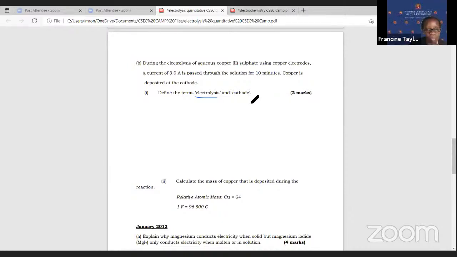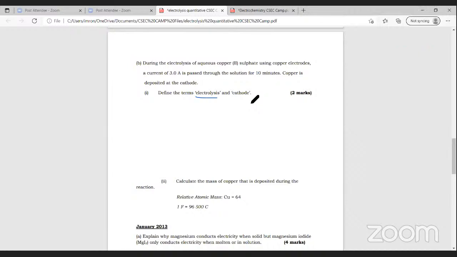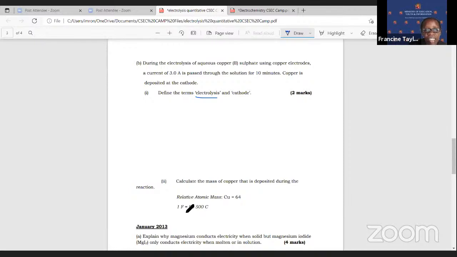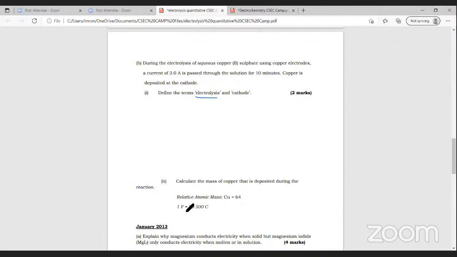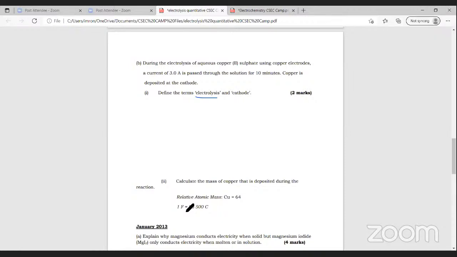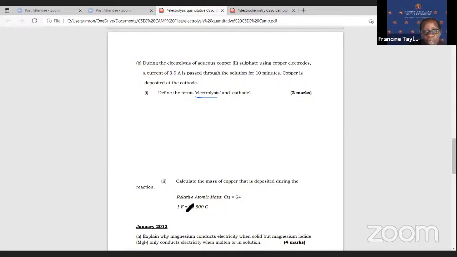All right, talk to me. Anybody want to give me a definition for electrolysis, or what you understand electrolysis to be? Nothing yet. Okay, somebody has the decomposition of an electrolyte, the process by which an electrolyte is decomposed by an electric current.